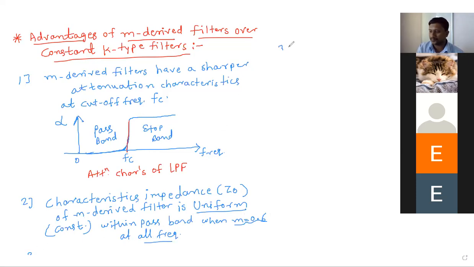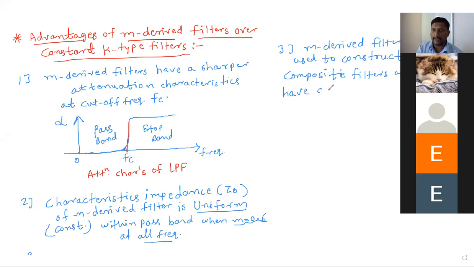Next, the third one: M derived filters are used to construct composite filters. So this is the advantage from the application point of view. Composite filters which have any desired attenuation characteristics. म्हणजे जेवढं पाहिजे तुम्ही तेवढं डिझाईन करू शकता.